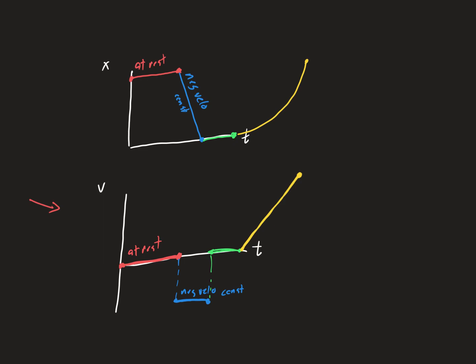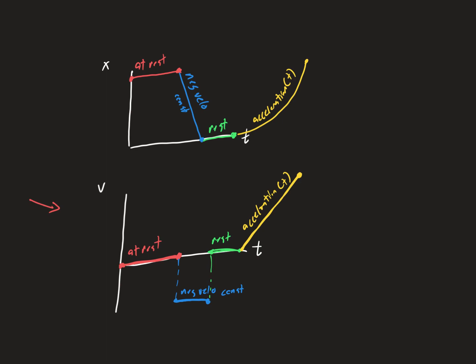The green part is once again at rest. And then the yellow part is where the object is accelerating in the positive direction, speeding up in the positive direction. And that is a quick nutshell of how this graphical analysis idea works.